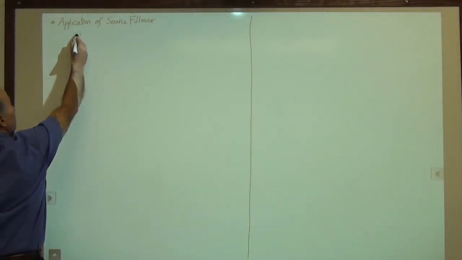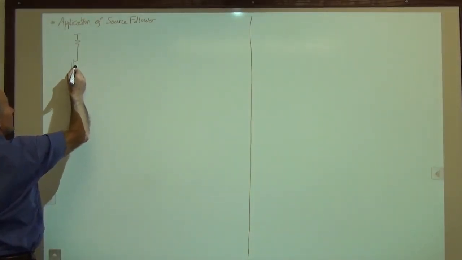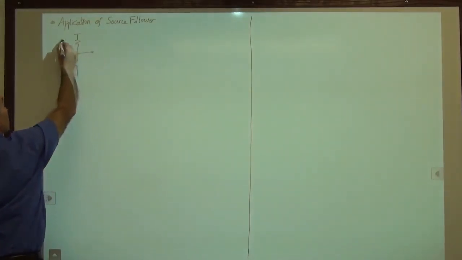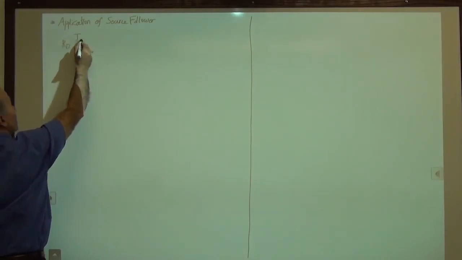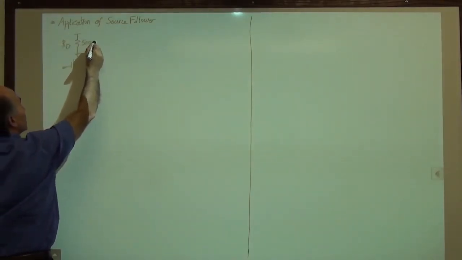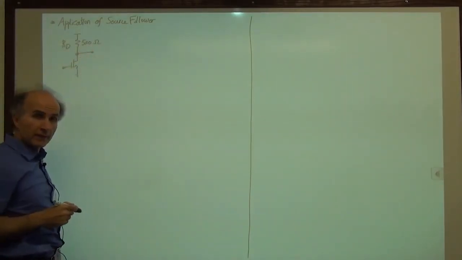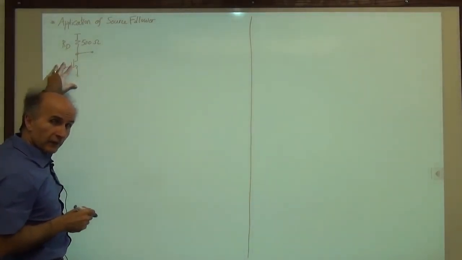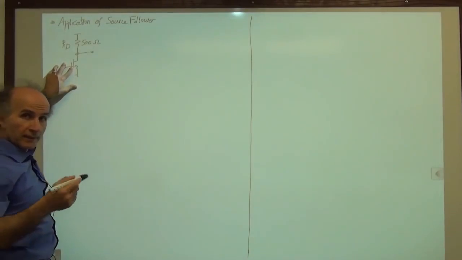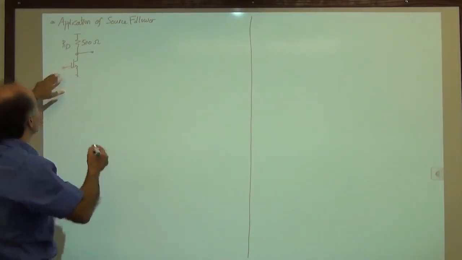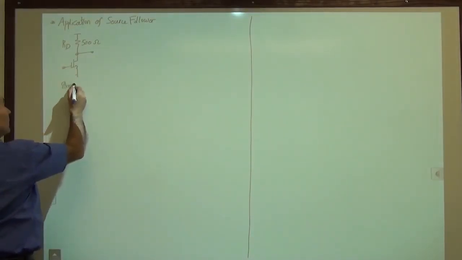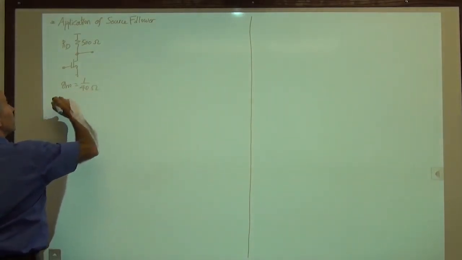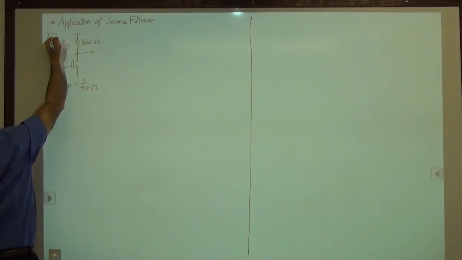So here's a common source amplifier. And as an example, I have chosen 500 ohms for the drain resistance. And then I chose the dimensions and bias current of this guy to give me a Gm of, let's say, 1 over 40 ohms. So Gm is 1 over 40 ohms. Okay? And again, lambda is 0 for simplicity.